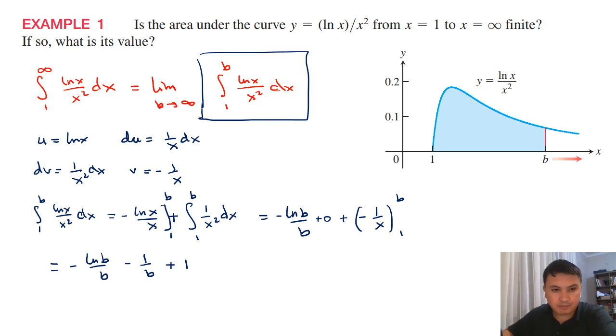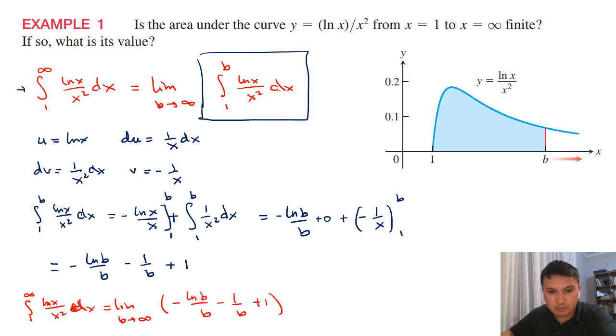So rewriting this equation, the integral from 1 to infinity of ln x over x squared dx is simply now the limit as b goes to infinity of this quantity: minus ln b over b, minus 1 over b, plus 1.